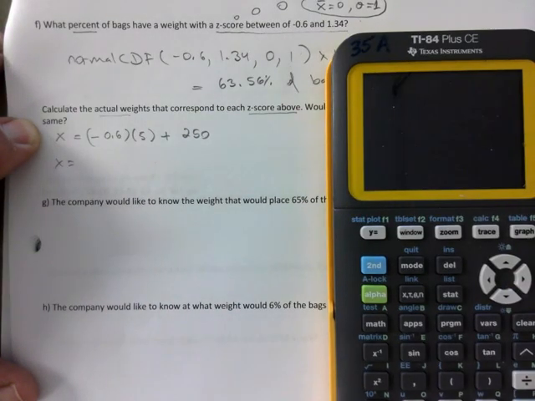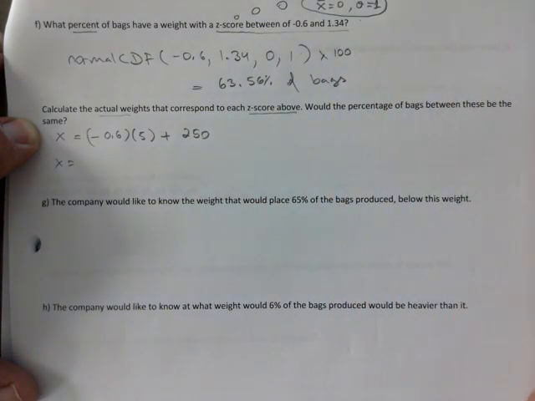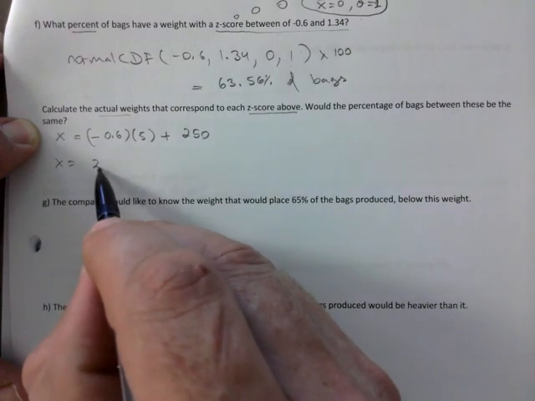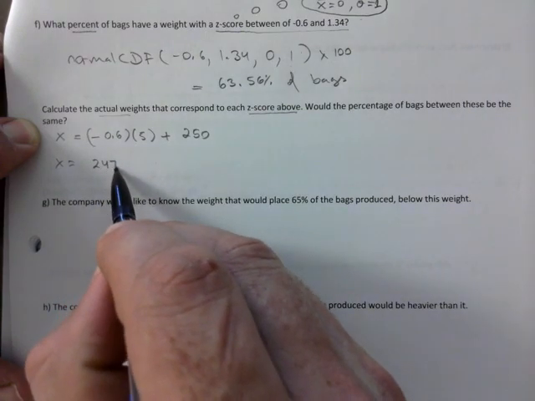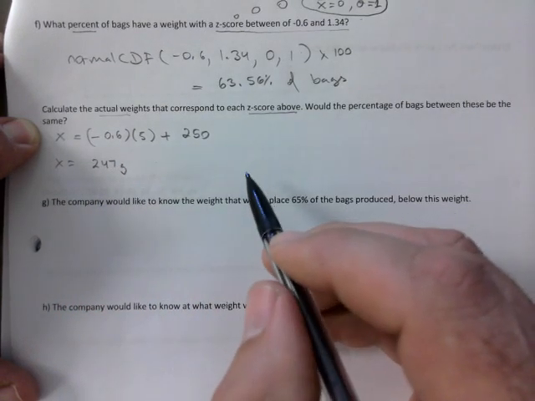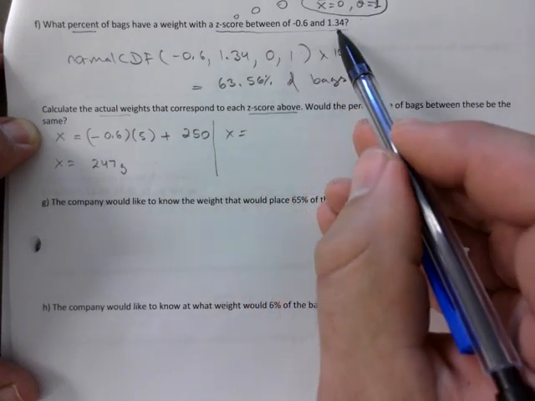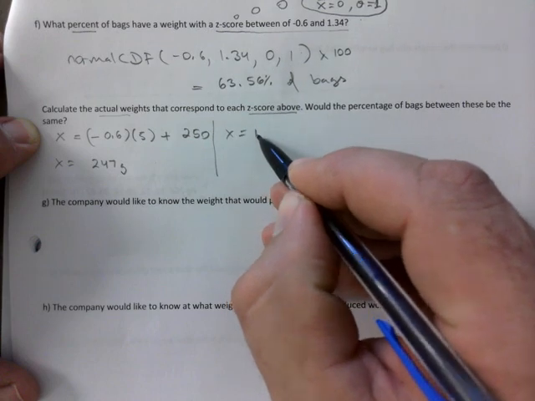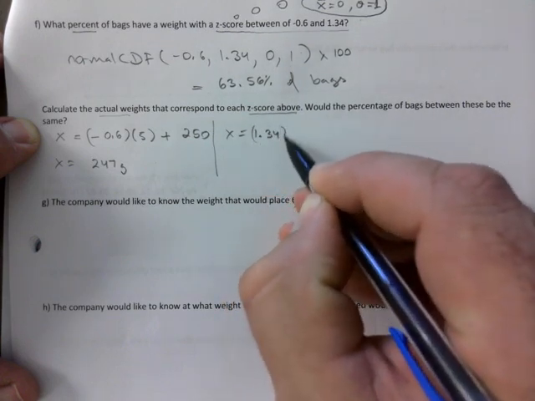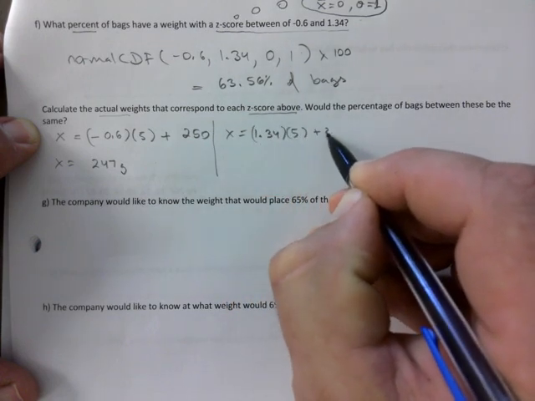This gives you 247 if you type it in one shot. And then we'll do it one more time for the other z-score of 1.34: 1.34 times 5 plus 250.